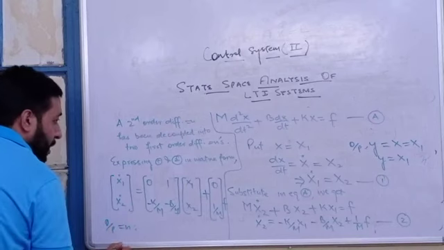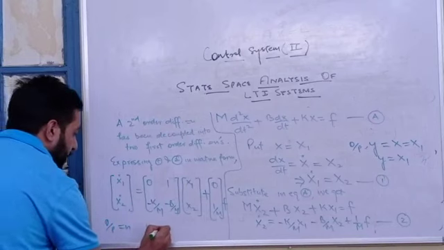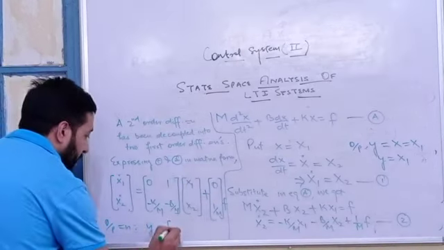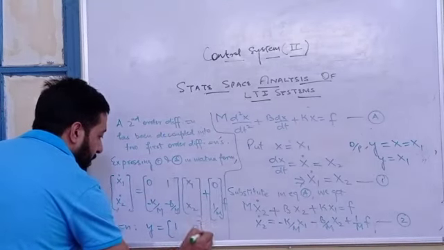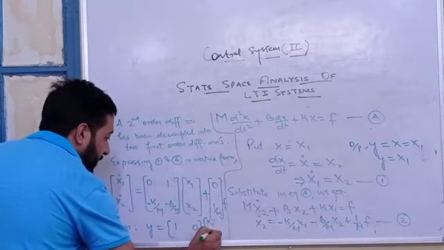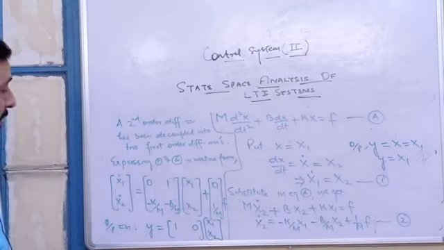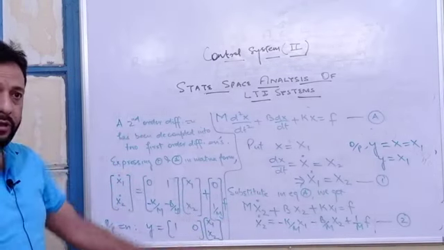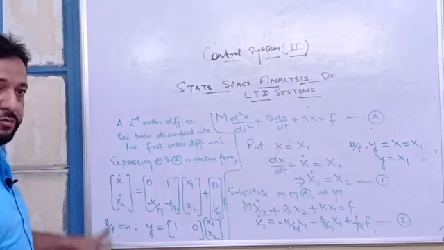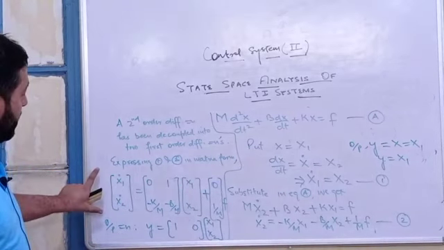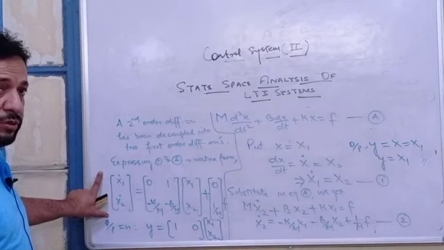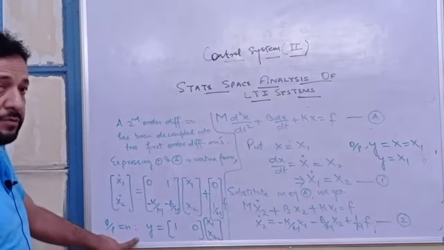Matrix form है. Output equation is y is equal to 1, 0, x1 and x2. सही है? Y is equal to x1. ये complete state space model बना. State space model के दो हिस्से होते हैं, state equation, output equation.